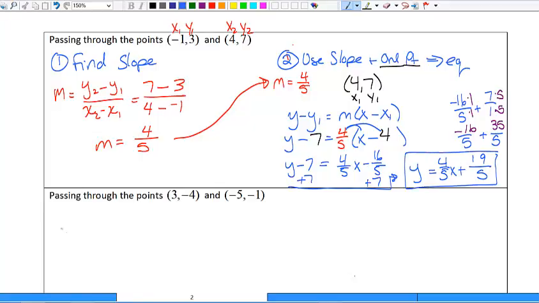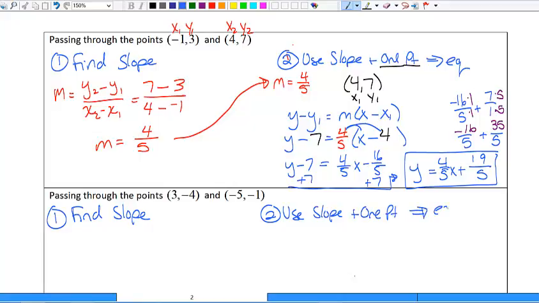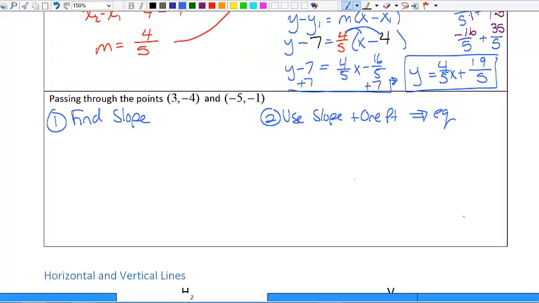All right, let's do that one again. So we have find the slope again as my first step. My second step is to use the slope that I just got and one of the points to get an equation. Again, I'm going to make sure that I label my points x1, y1, x2, y2, so that when I use my slope formula, I don't make any mistakes about putting things in the wrong spot.